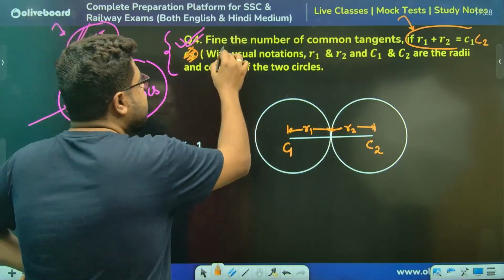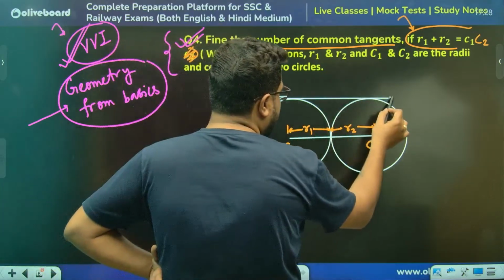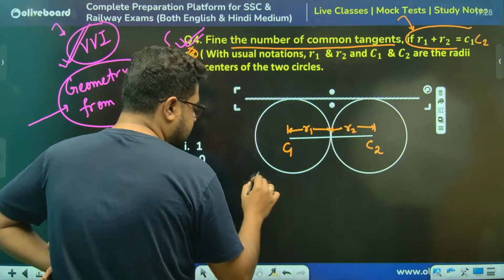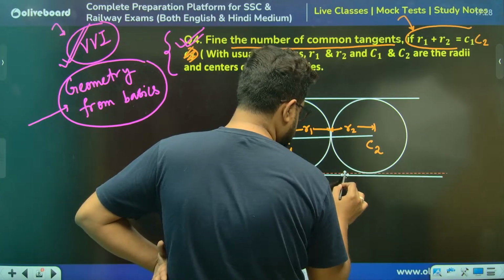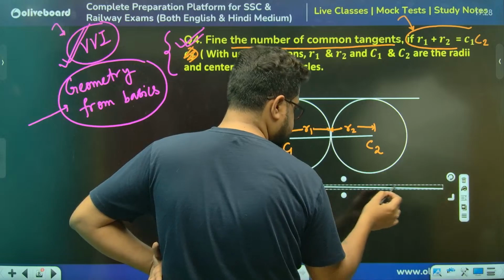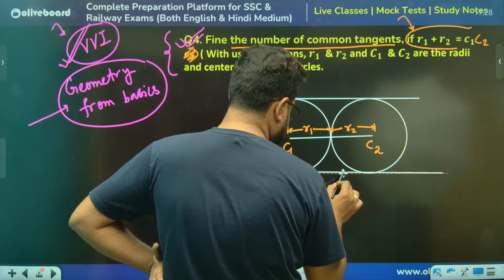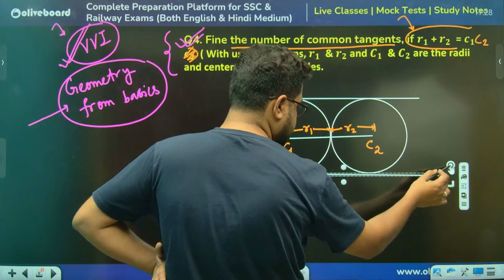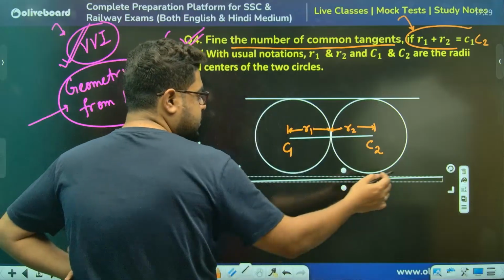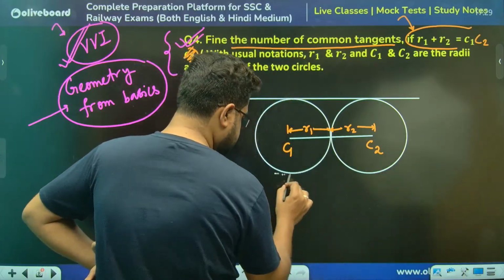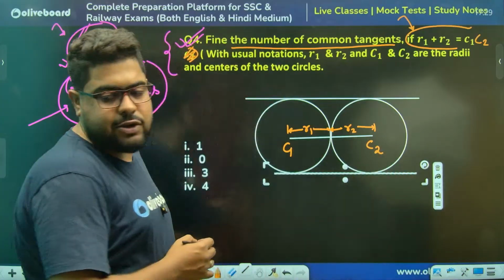Now they are asking the number of common tangents. Try to draw. One common tangent is this. Another common tangent will be this. Okay, this is another common tangent.